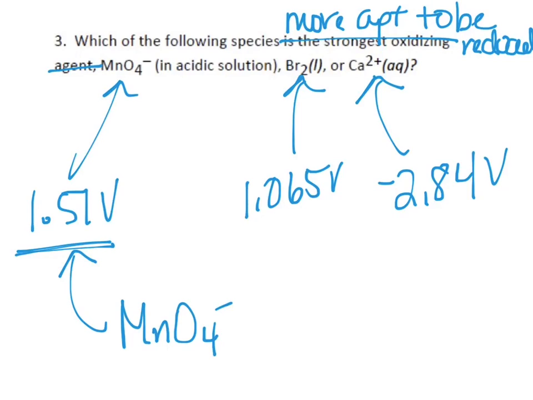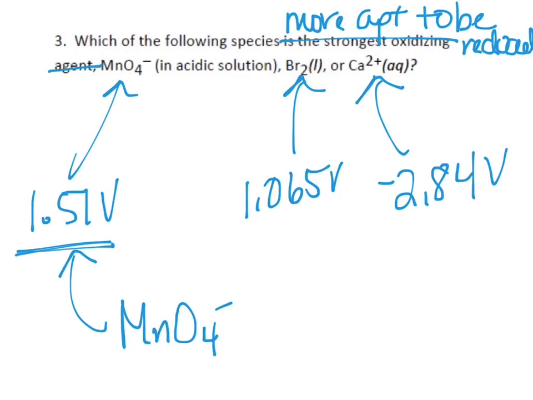I said you have to go to your packet to look for that number. It wants to become closer to neutral, right? It's just because of that value, it's more likely to gain electrons.